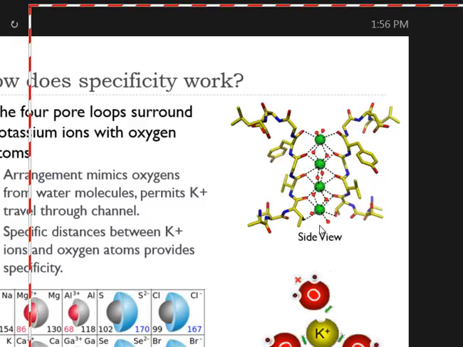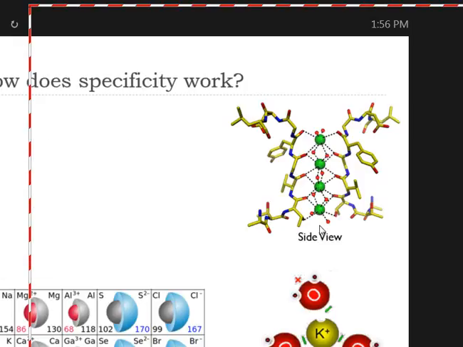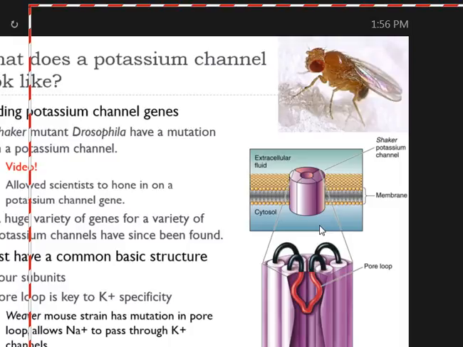So really only potassium ions are able to get through along with some water molecules at the same time. Okay, so again, without getting into too much of the nitty-gritty details, the key thing is that these pore loops that exist on each of the 4 subunits have very particular polar properties and spacing such that they allow potassium ions alone to get through, and sodium ions really have very little permeability.